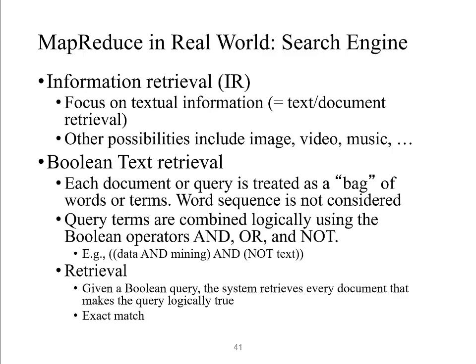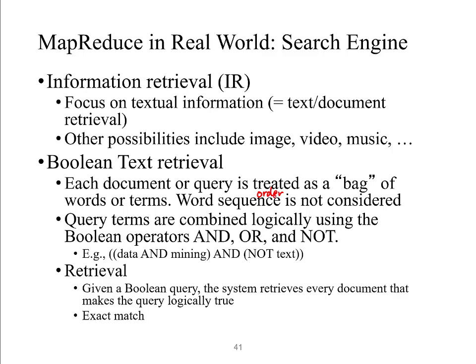So in this case, each document and the query is treated as a bag of words or terms, and the word sequence is not considered. I mean, here the word sequence means the order of the words is not considered.